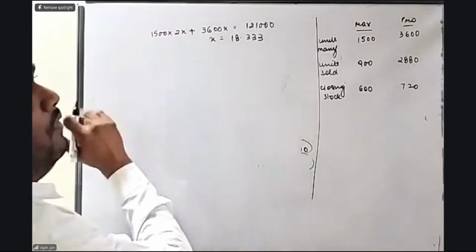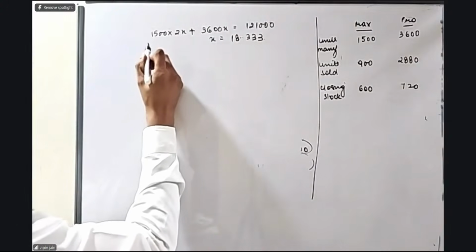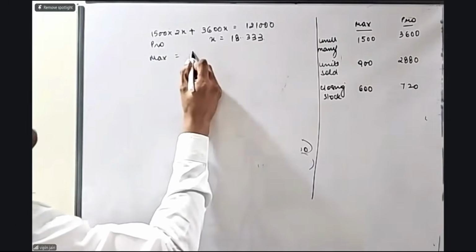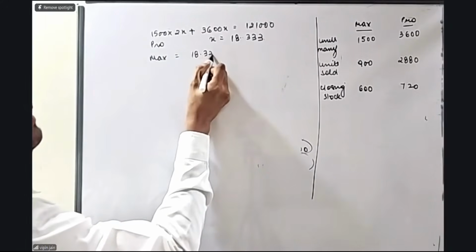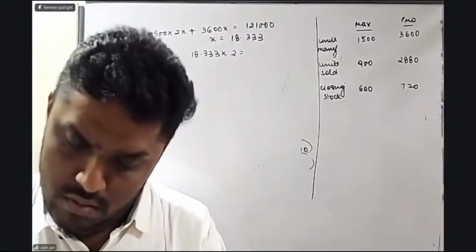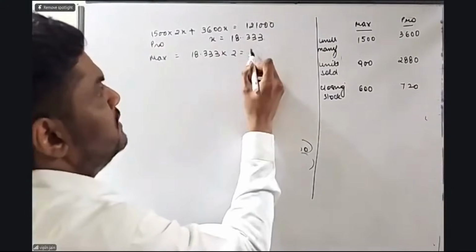So this is of what? Max. Sorry, Pro. So for Max, it will be 18.333 into 2. That will be 36.66.